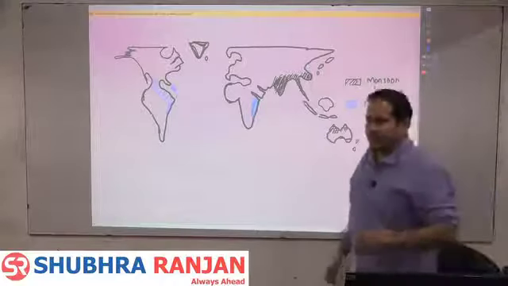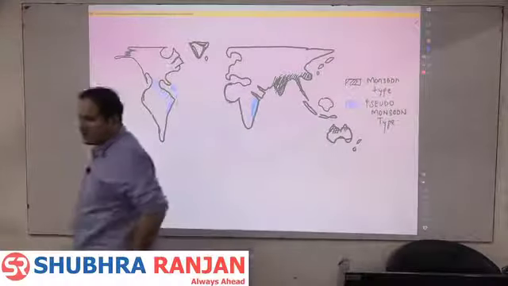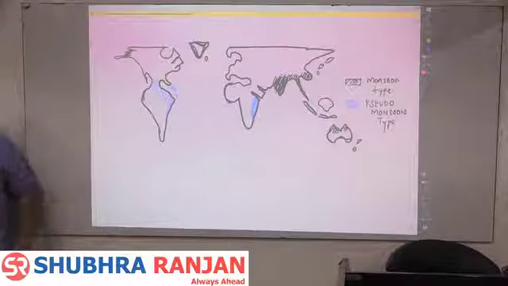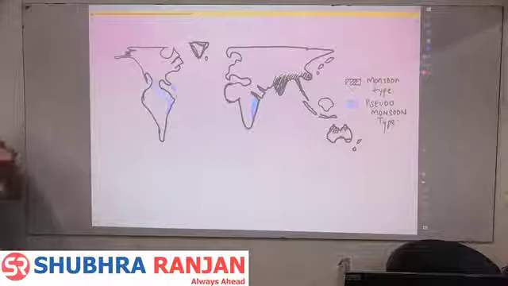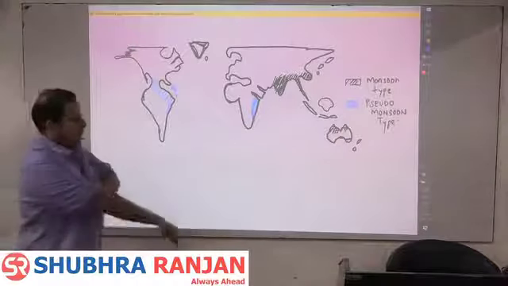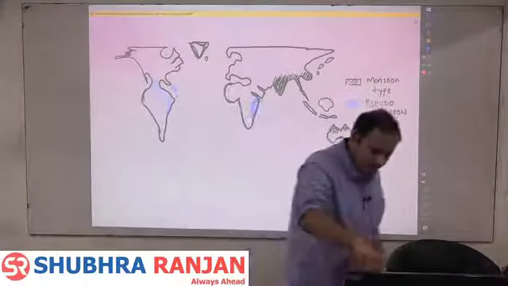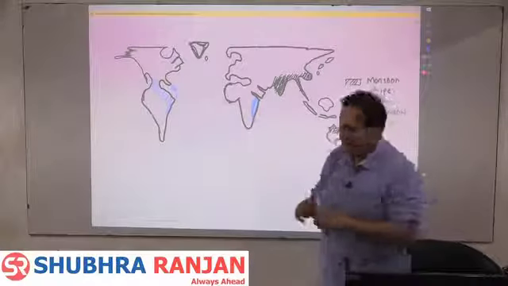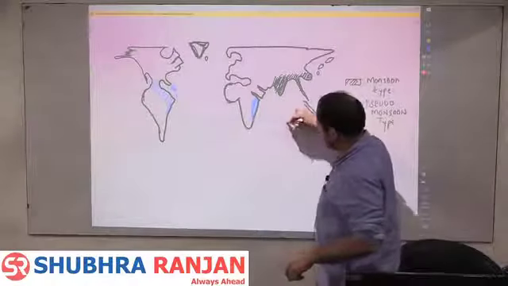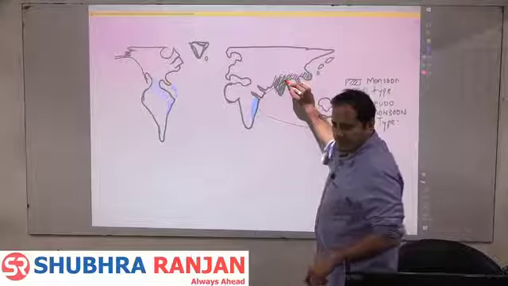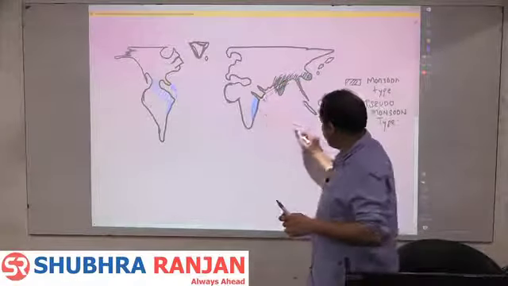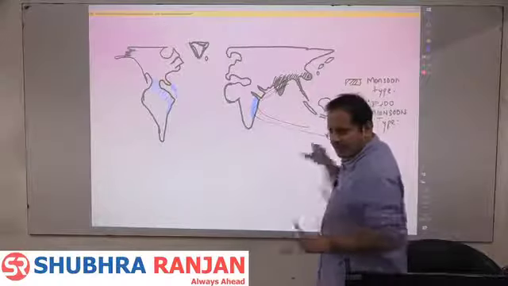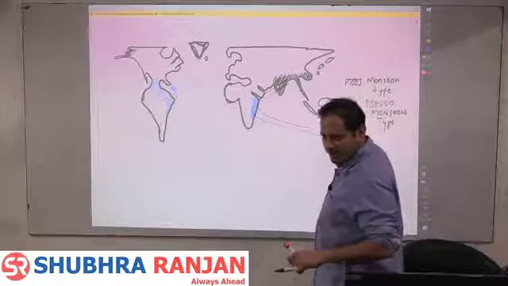Understanding? There is a seasonal reversal of the wind direction, but it is not exactly a reversal. See, can I say hot winds, southwest monsoon winds ऐसी आएगी? Can I say northeast monsoon winds ऐसे जाएगी? It will give rainfall here, blue color lines.